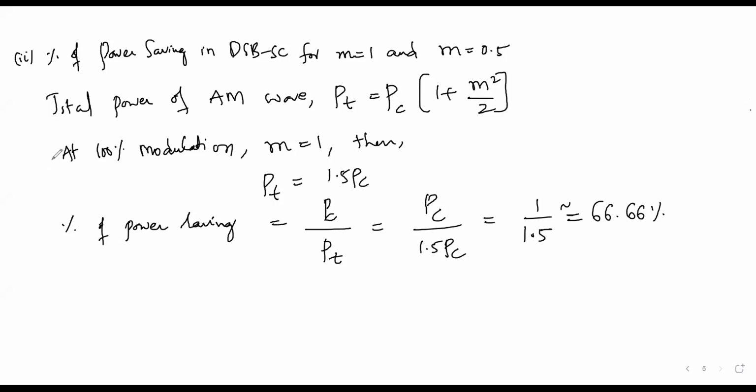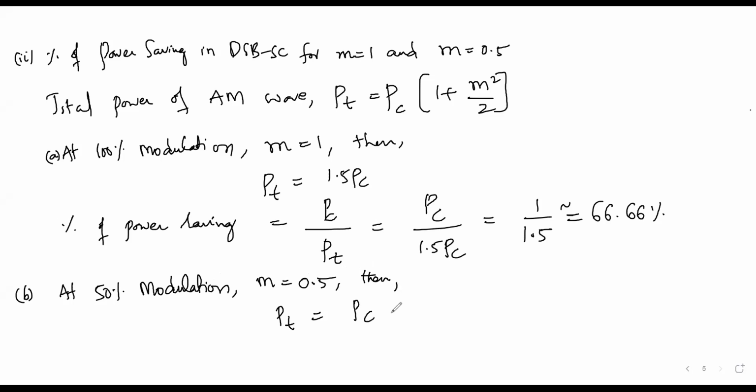Similarly, at 50% modulation, the value for M is equal to 0.5. Then PT will become PC into 1 plus 0.5 whole square divided by 2. So 0.5 whole square is 0.25 divided by 2. Calculate and tell me how much value we'll get for total power in terms of PC.